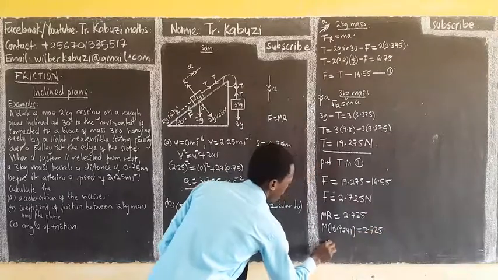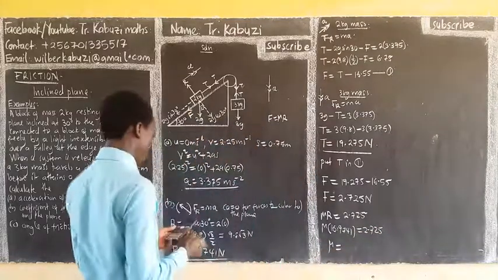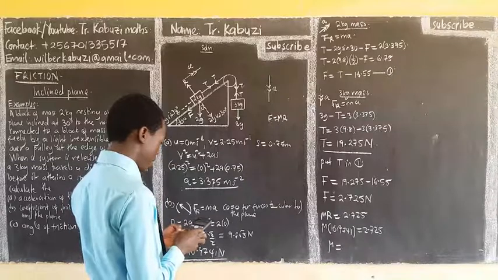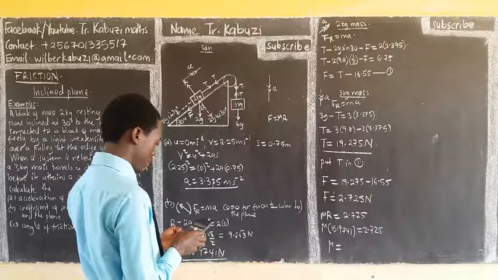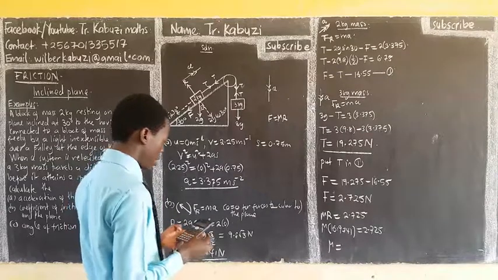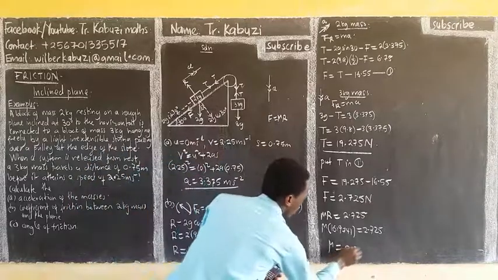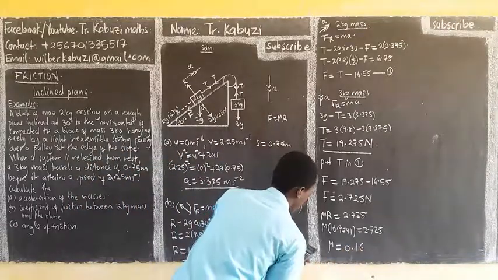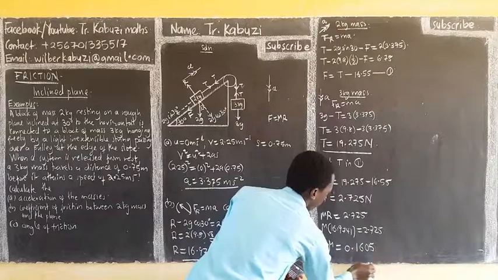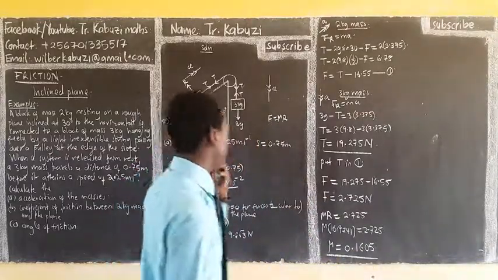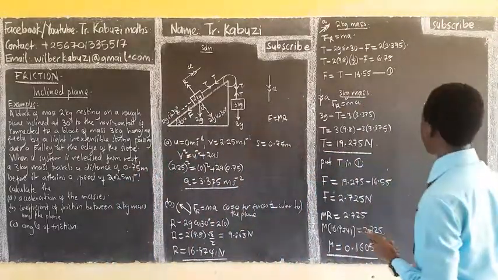And from there, our mu, when you divide, you get 0.1605. That is going to be our coefficient of friction.